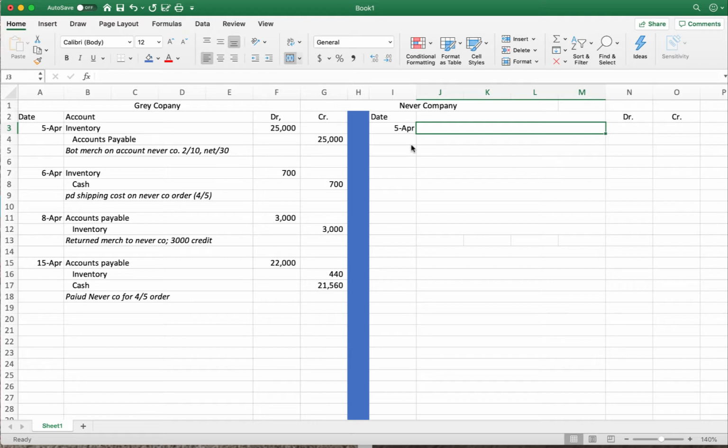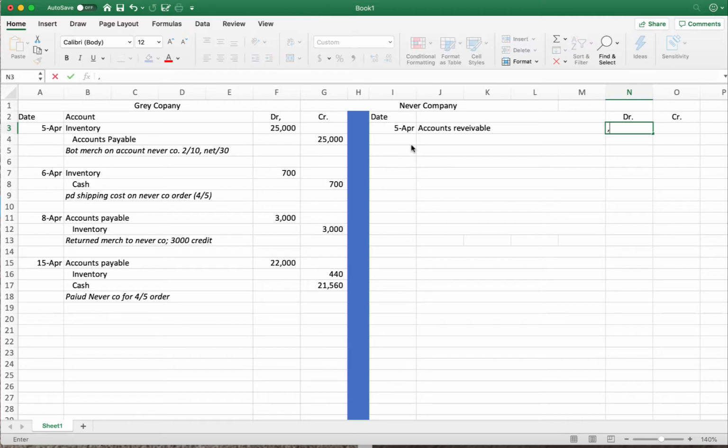So what two accounts are being hit? Well, obviously, sales revenue, because I'm making a sale. I'm not getting cash, but I offered them terms, so that's a receivable to me because I am now the seller, okay? So I'm going to debit accounts receivable for the same $25,000.